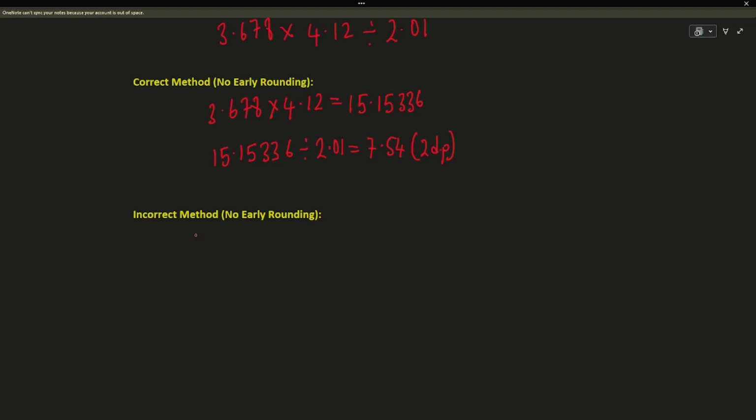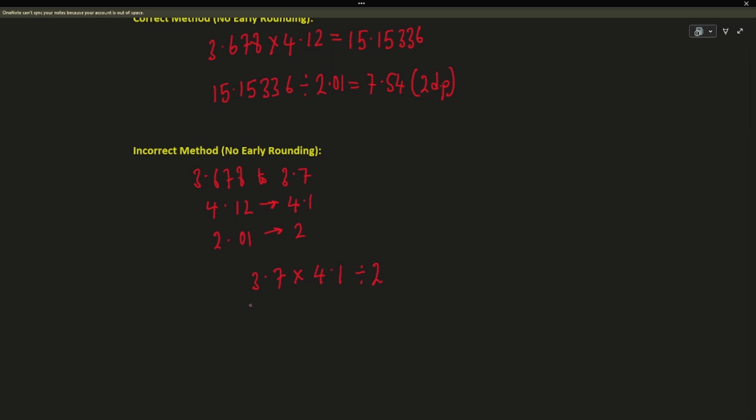So let's round 3.678 to 1 decimal place, 3.7, and then we round 4.12 to 4.1, and we round 2.01 to 2. Let's solve the arithmetic expression. So it will be 3.7 multiplied by 4.1 divided by 2.